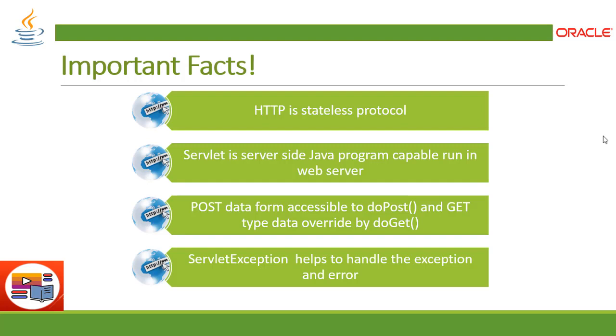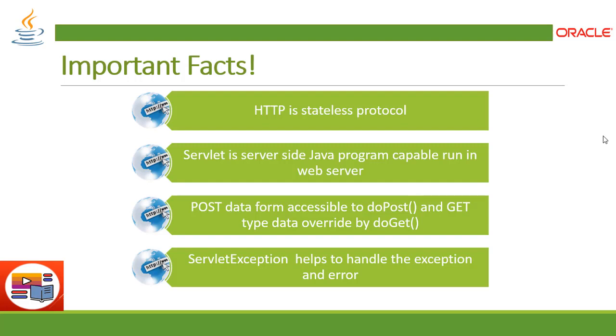Servlet is a server-side Java program capable of running in a web server. So Servlet is very efficient sometimes when the requirement of an application is where you have to write the Java program within the server. Post data form is accessible to doPost, and get type of data is overridden by doGet. So we have to make sure when we use doPost and when we use doGet.